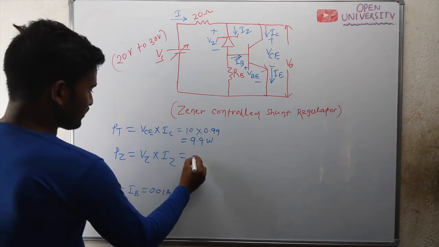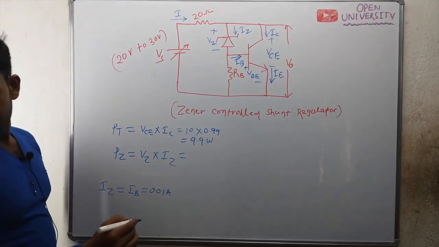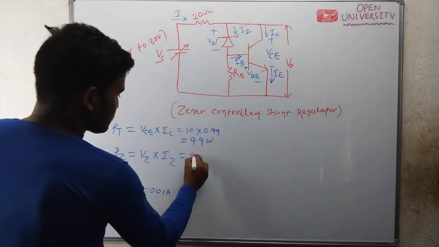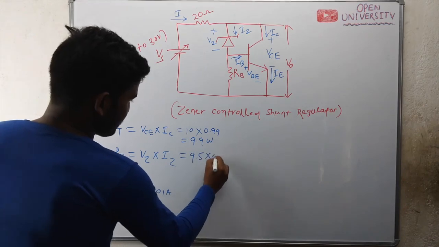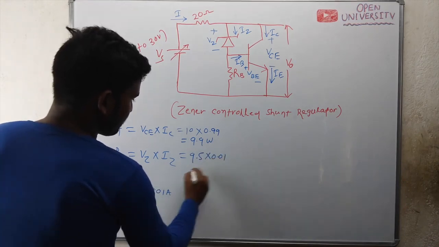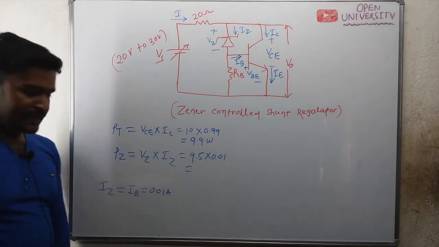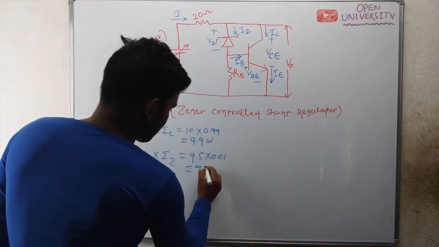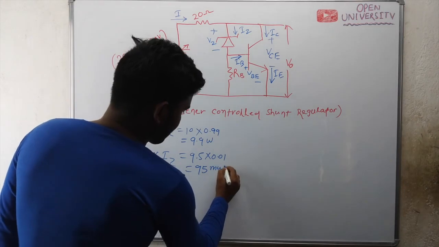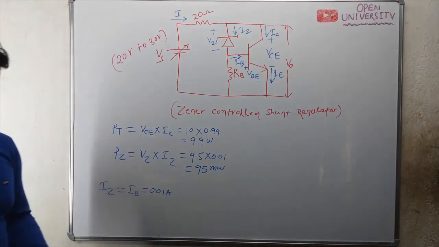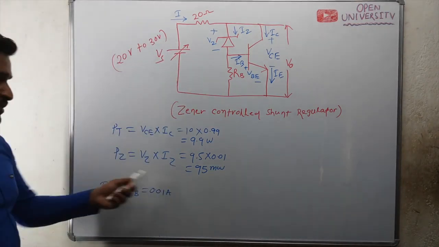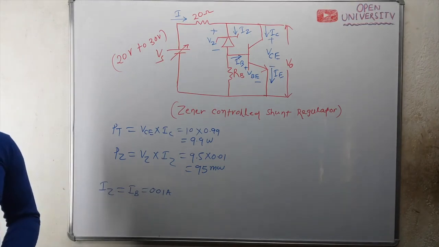If you substitute here, Vz is given to be 9.5 volt. So 9.5 into 0.01 ampere will be 95 milliwatt. This is the answer, that is the maximum power dissipation in the Zener diode.